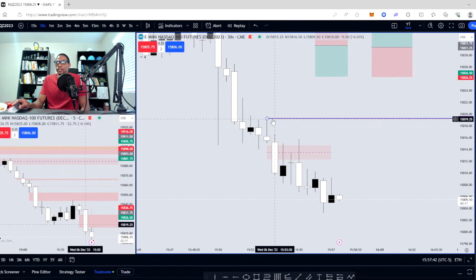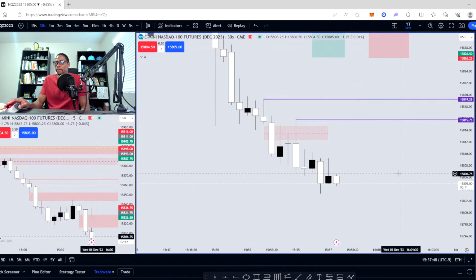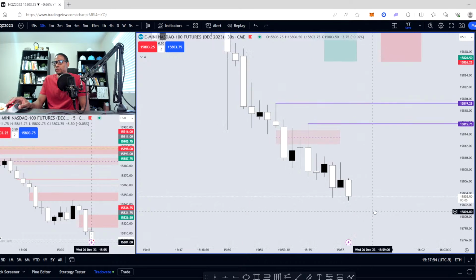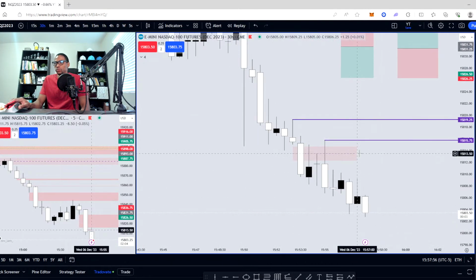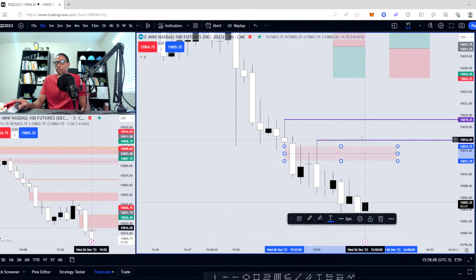Okay, we still haven't had a high taken. That one wasn't. And we have a new one created here that hasn't been taken either. Steady putting in new lows. So we just want to wait for price to come back above this fair value gap and eclipse one of these highs.